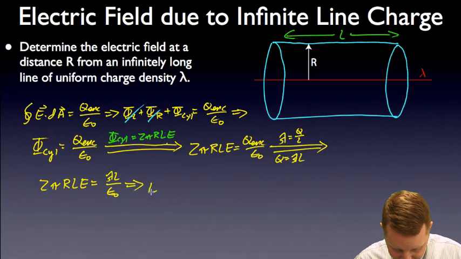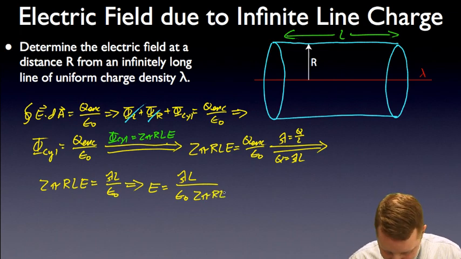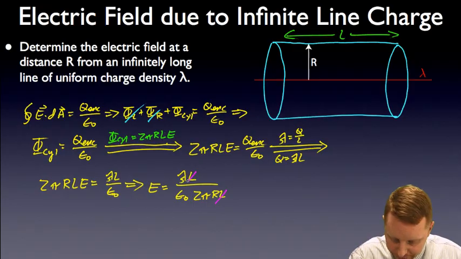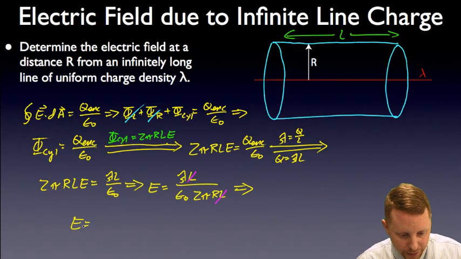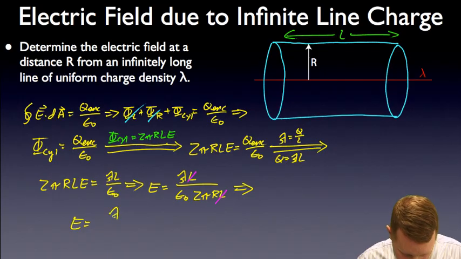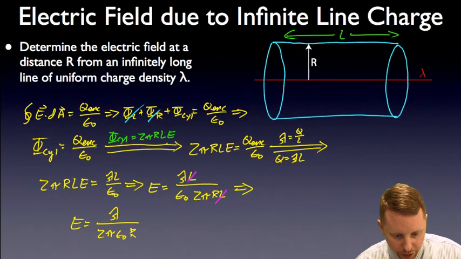Or solving for the electric field again, electric field is lambda L over epsilon naught divided by 2 pi R L. We've got a couple cancellations. Our L's cancel out. And I'm left with the electric field equal to lambda over 2 pi epsilon naught R.